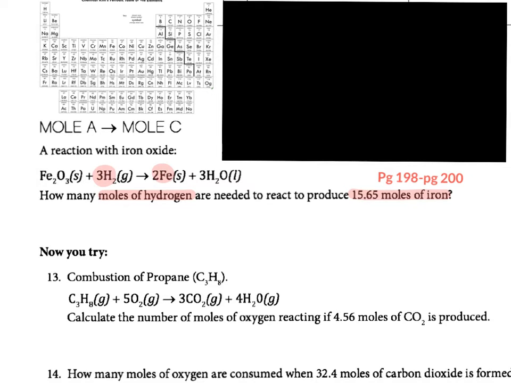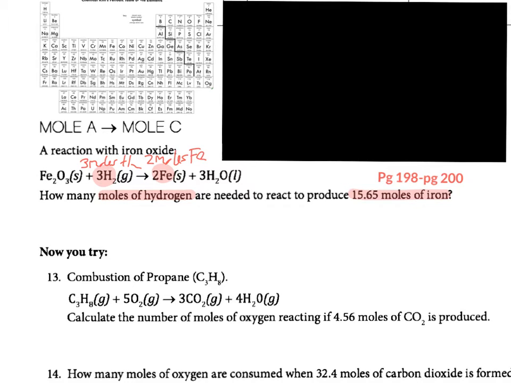So from there I can do the calculation. These, the two that I highlighted in the chemical equation, remember those are referred to as the mole ratio. So I can say, 3 moles of hydrogen and 2 moles of iron. And I'm going to use that relationship to do this calculation.